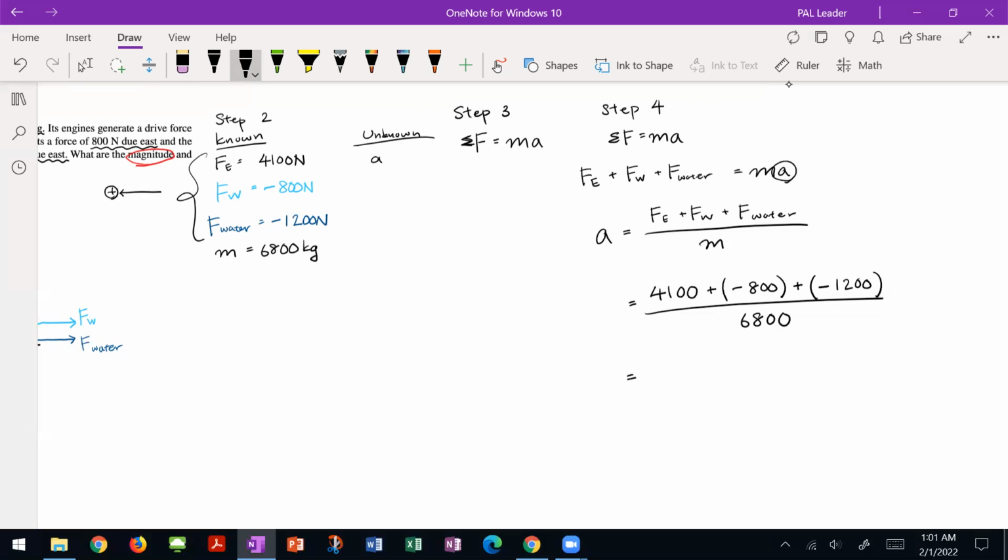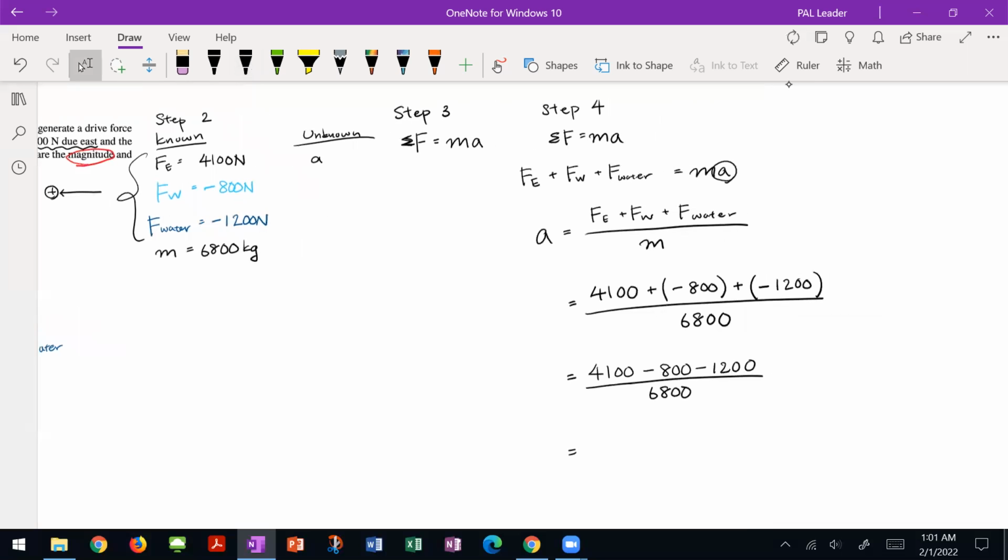And you could distribute the negative sign right now if you like: 4,100 minus 800 minus 1,200 over 6,800. And it should be 0.31 meters per second squared, because this is our acceleration.